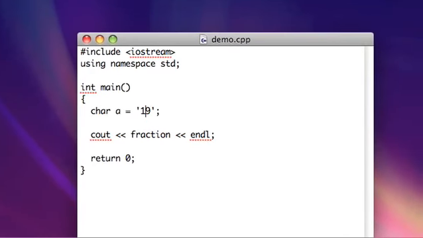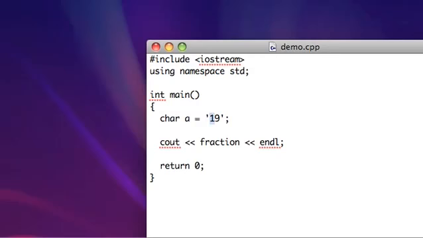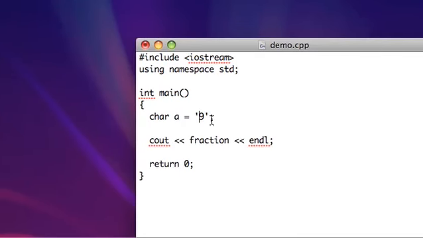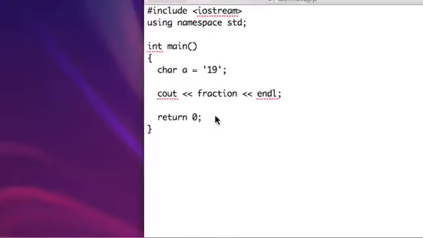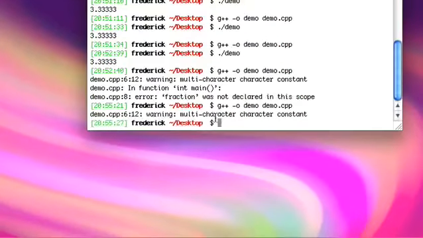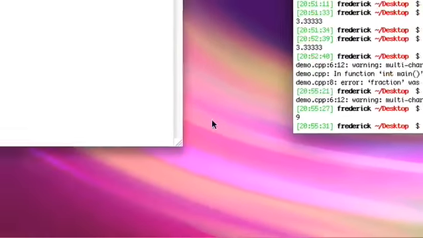Oh, I don't think you can do 19 because that's 2 characters. Note it is treated as characters, so this is not the number 19. It would be the characters 1, 9, and that's probably going to give us an error if we try to compile. Oh, it didn't give us an error, just a little warning: multi-character constant.